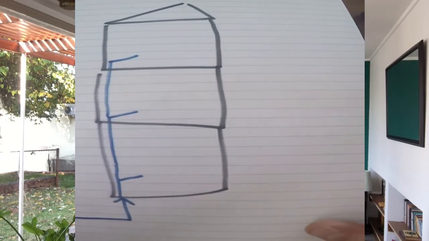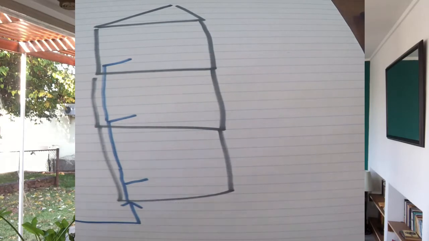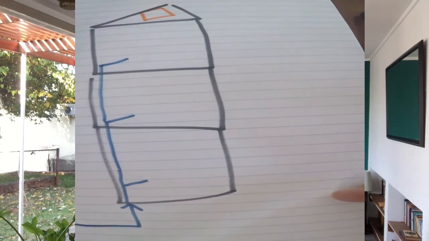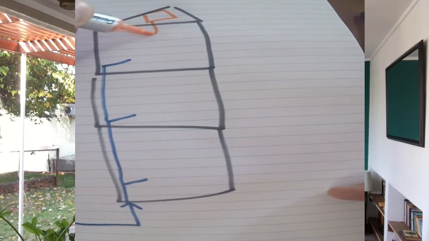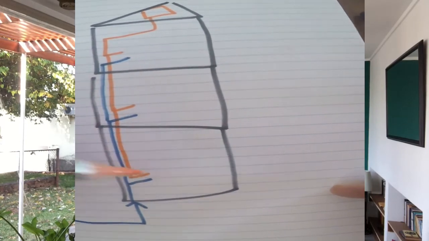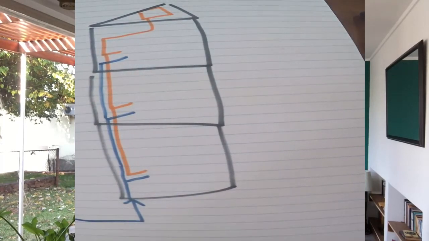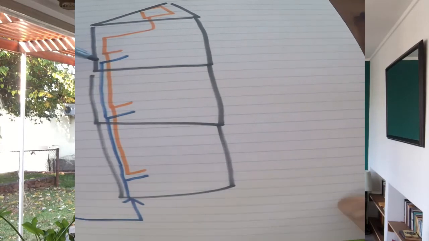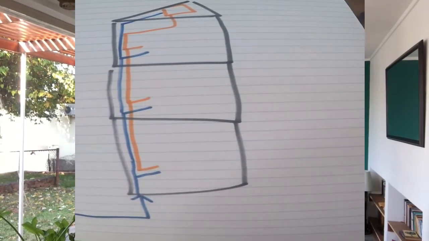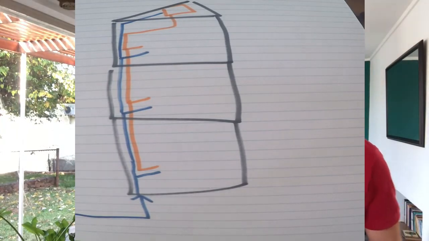Then we've got a geyser in the roof, and that geyser comes down and supplies hot water to each, which is basically what we've just previously discussed: hot and cold water. So that's 2 systems, cold water in and hot water out.